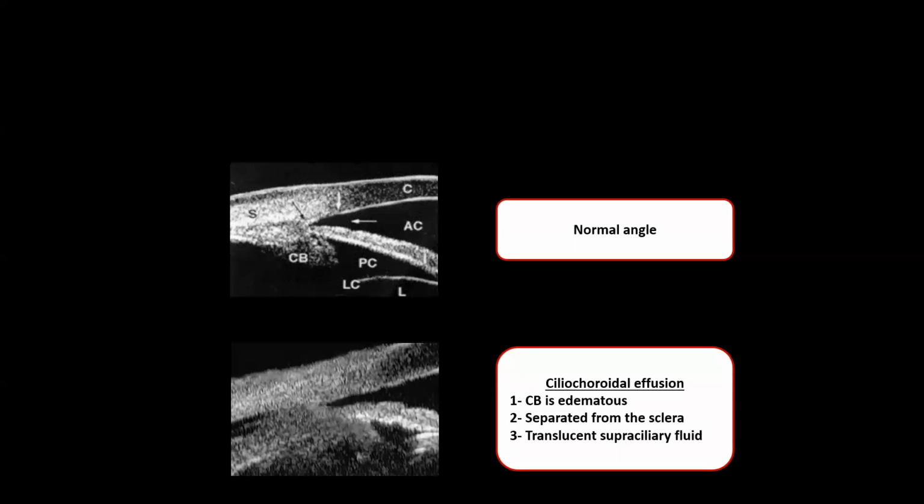You need a strong anti-inflammatory agent to help you control the edematous ciliary body, to get rid of the inflamed ciliary body right now. Once you resolve the ciliary body edema, and you use atropine as well to deepen the anterior chamber and to relax the ciliary body, you will get rid of the ciliocoroidal effusion.